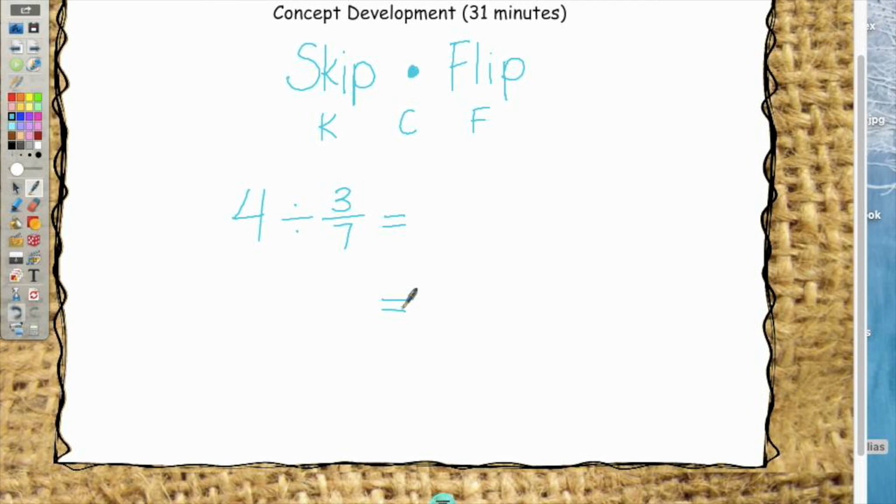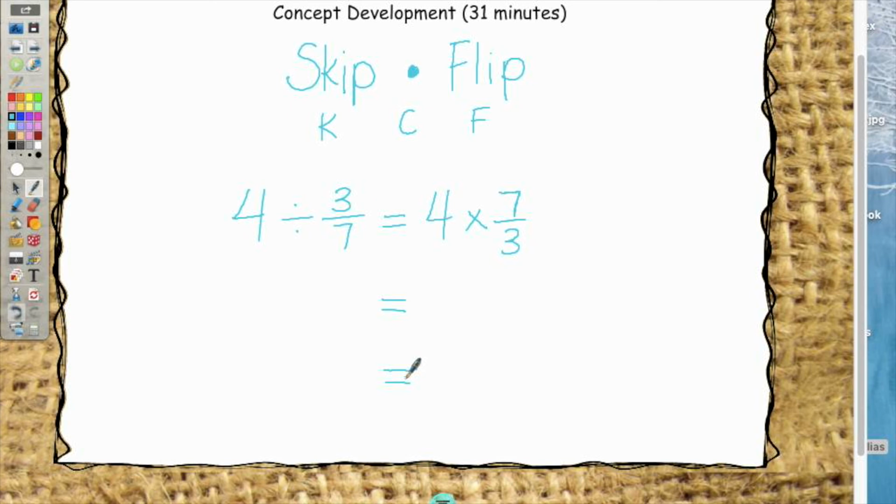Leave and keep the 4. Okay. Lorenzo, what does the dot mean? Multiply. And McKenna, what does flip mean? 3/7 to 7/3. Okay, so now we've got an extra step because I'm going to have to divide something.